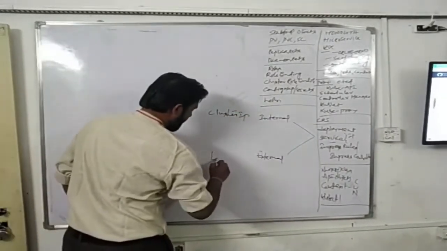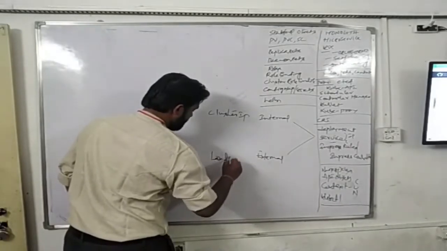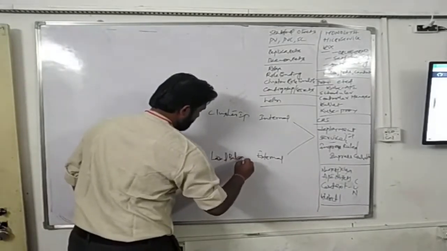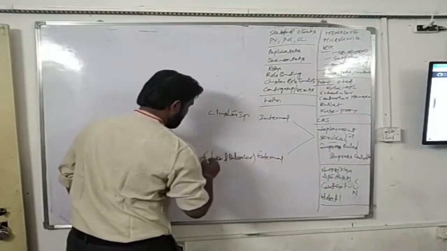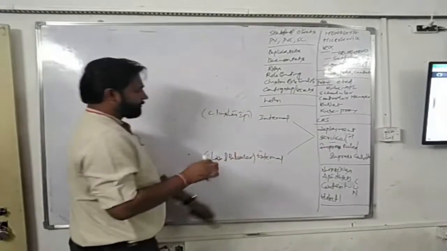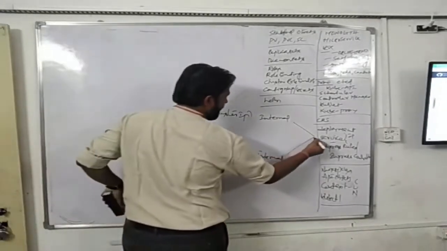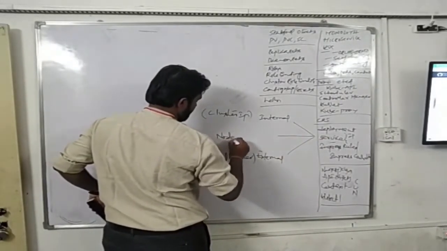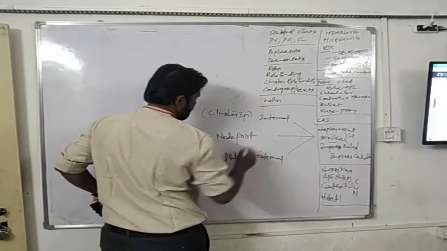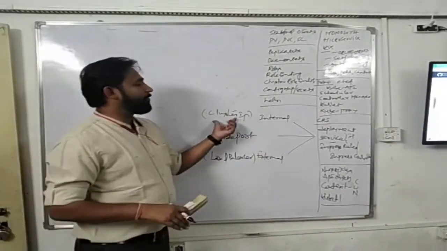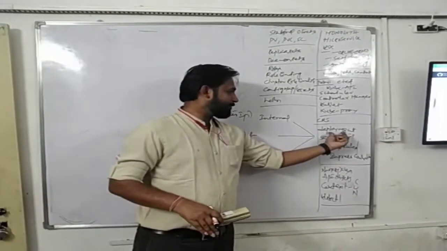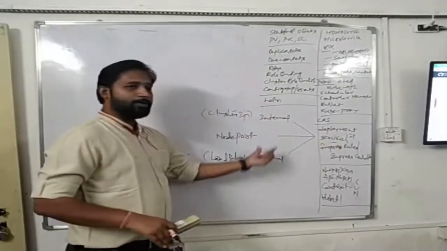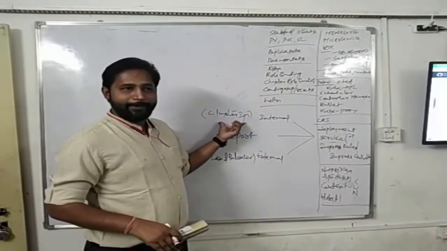External is load balancer. Now, this understanding is really important, so make sure you pay attention. In between, we have one more, node port. All these three methods will allow you to expose your deployment to the outside world using some kind of IP.